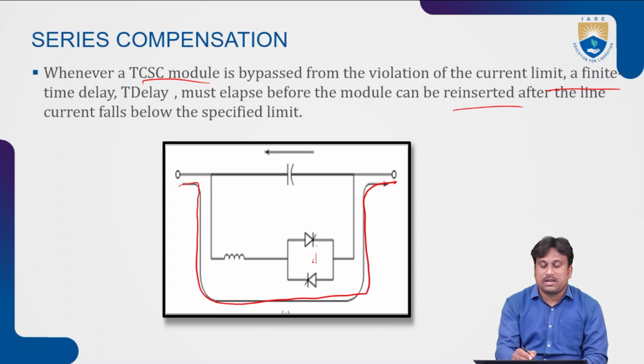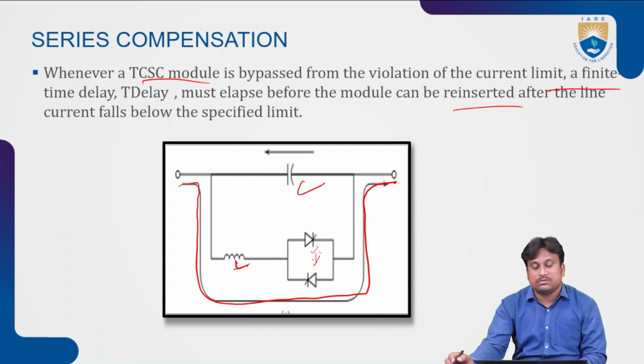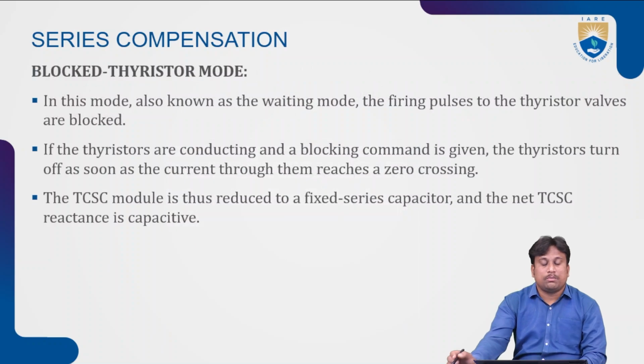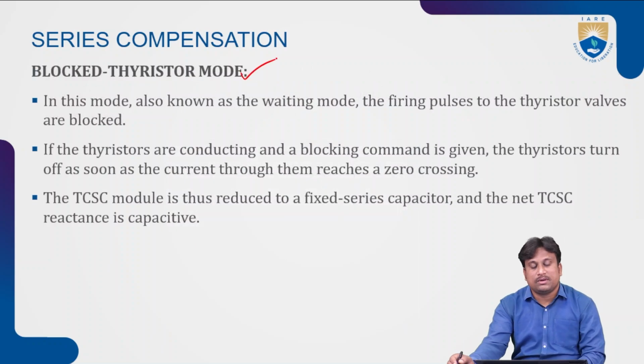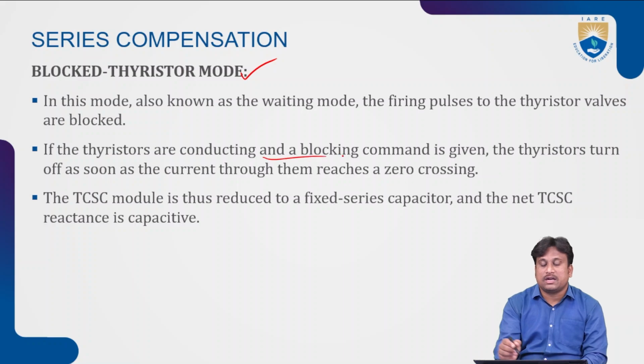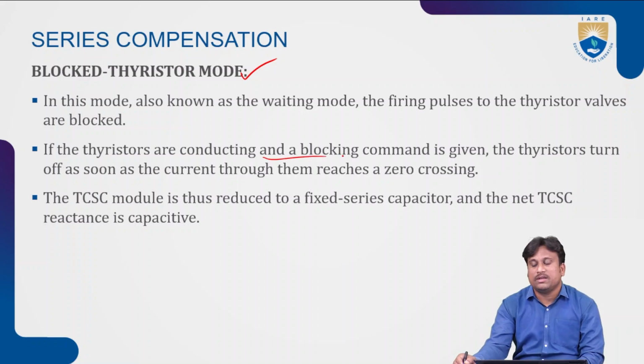Here the anti-parallel thyristor combination is connected in series with the inductor, and the capacitor is in place. Now the blocked thyristor mode takes place, also known as the waiting mode. The firing pulses to the thyristor valves are blocked. If the thyristors are conducting and a blocking command is given, the thyristors turn off as soon as the current through them reaches a zero crossing.